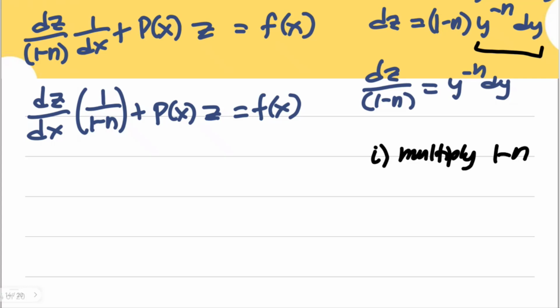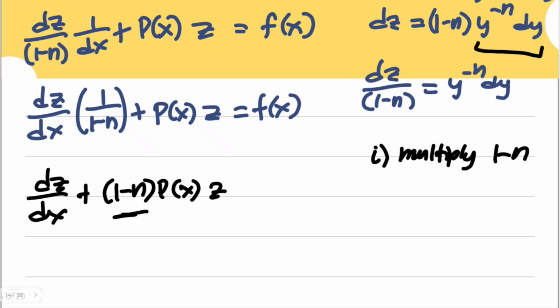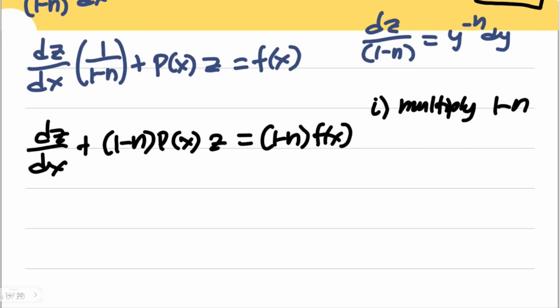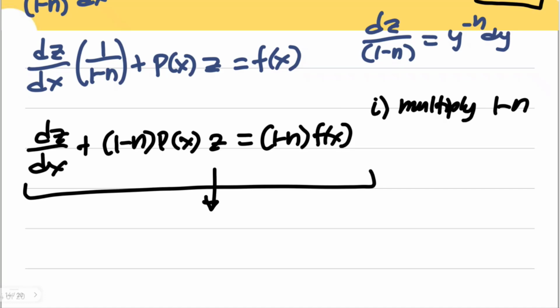So you will have the final form d of z d of x, plus 1 minus n p of x z. Take note that n is any number, so this would be constant. You have here is equal to 1 minus n f of x. Again, n is any number, so that would be constant. This is now in a form of a linear equation, but instead of y, you will be getting z.